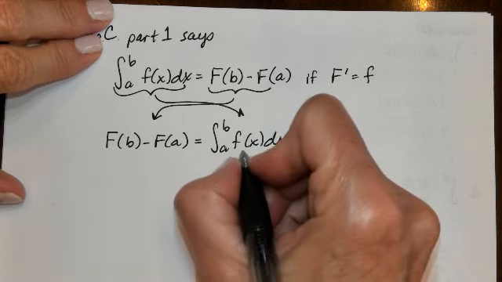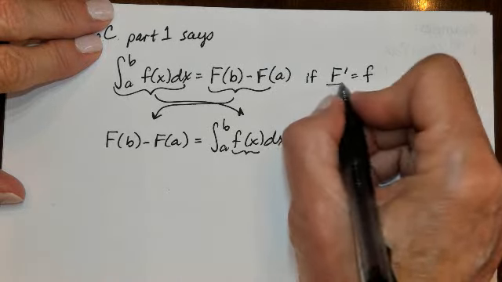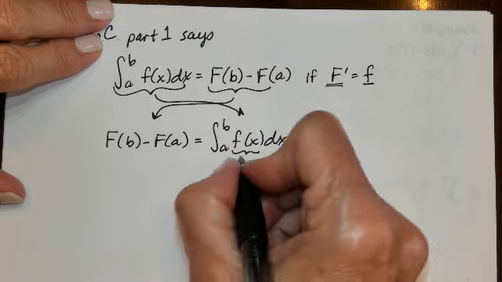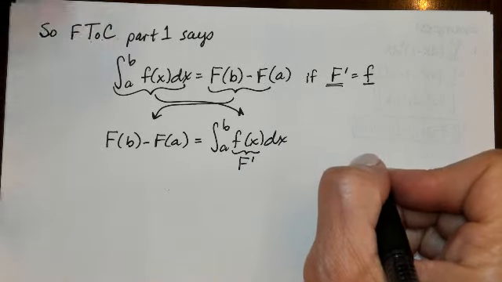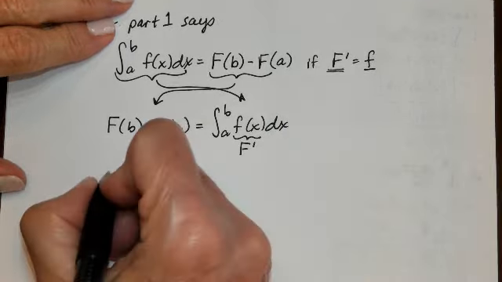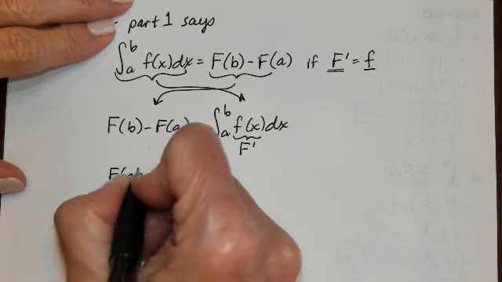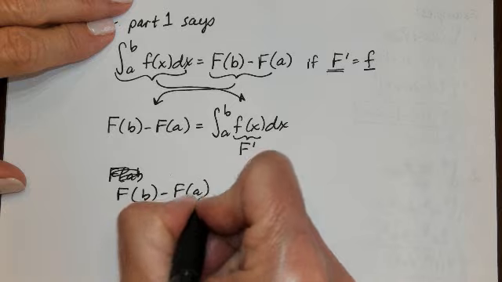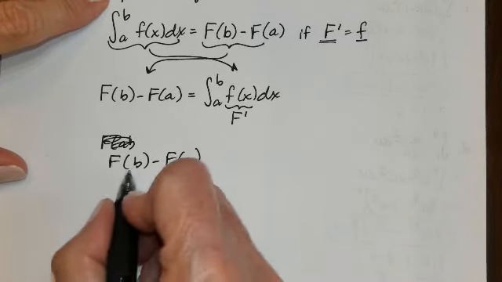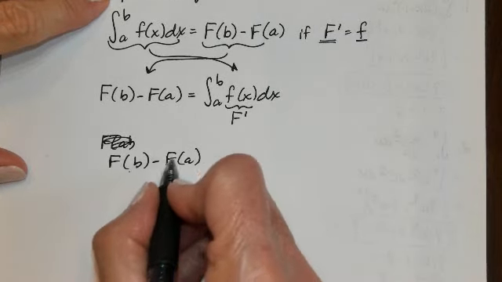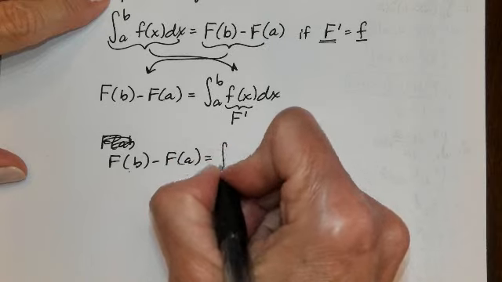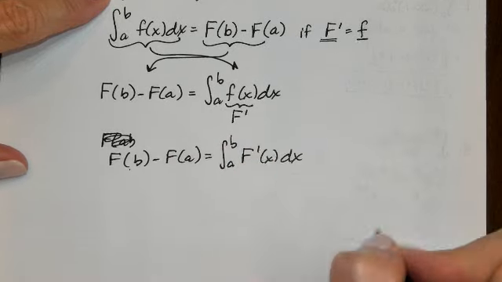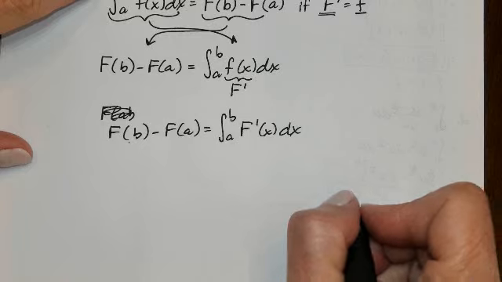Now, in place of f of x dx, I can write F prime because they're equal. So I have F at b minus F at a equals the integral from a to b of F prime of x dx. Okay?